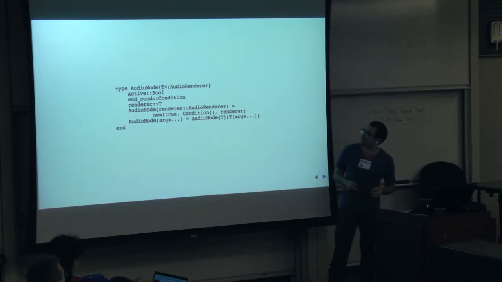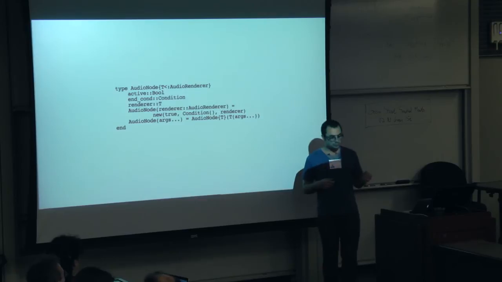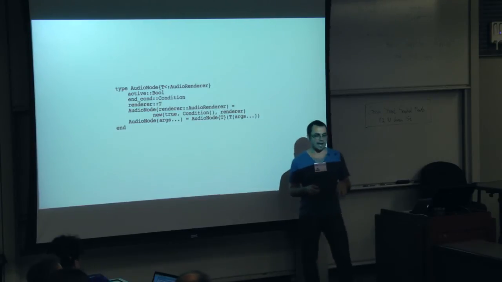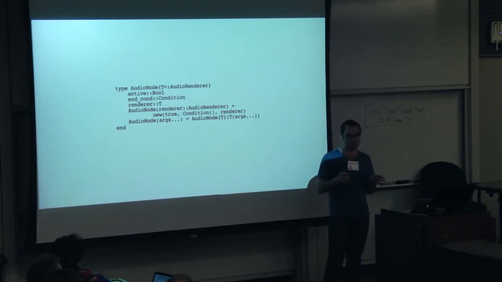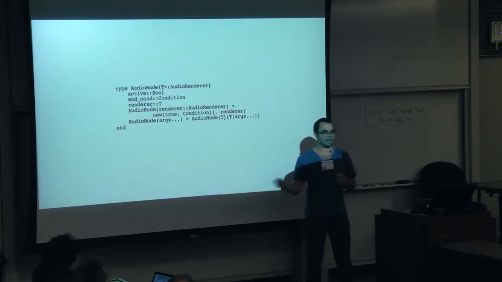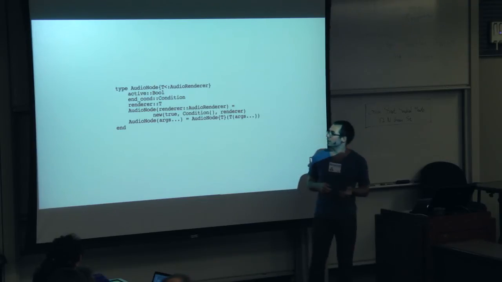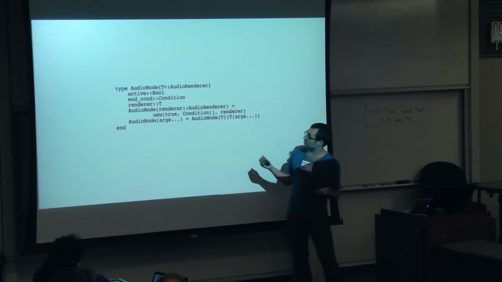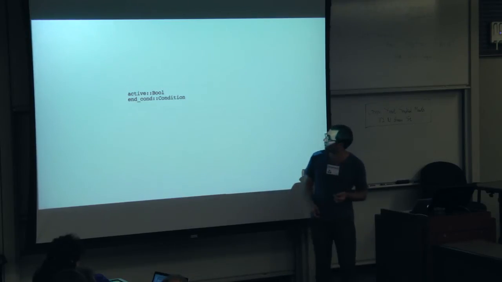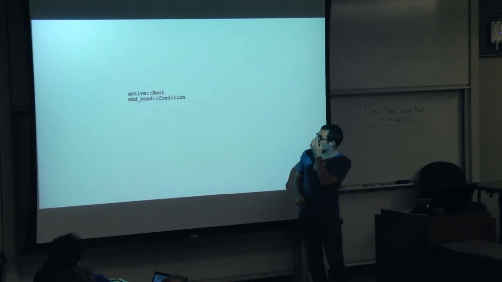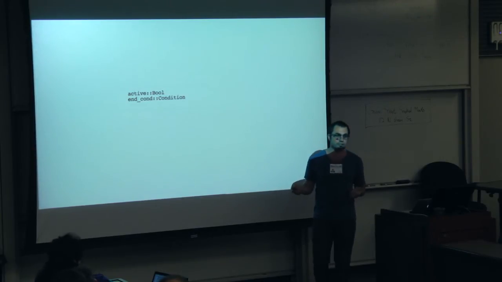If you can use the typing system, everything's happy. But the problem is that I started wanting to add behavior to all the audio nodes together, especially because of the way I have things happening in these different tasks. There was some state that had to get passed around, and right now specifically active and end condition are common to all the different audio nodes.